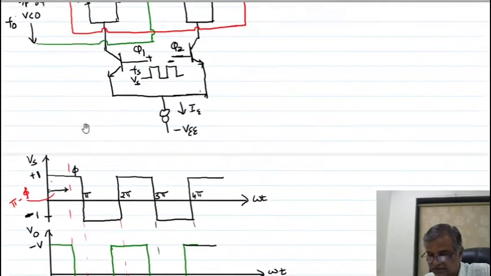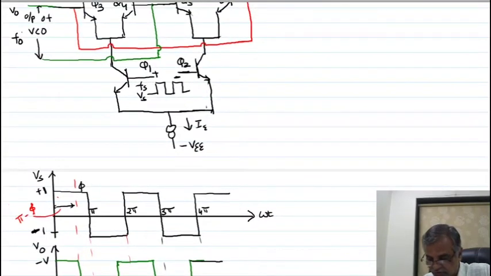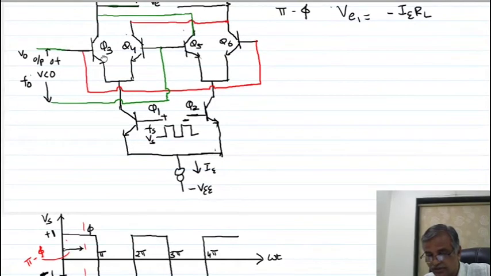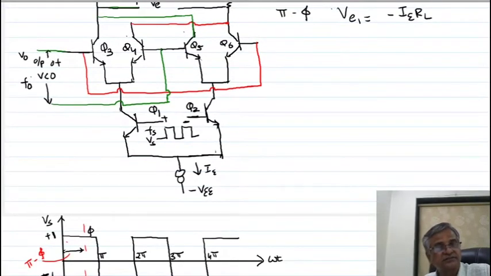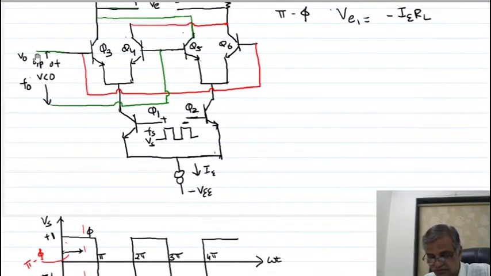You can see here, this is positive, so Q1 will conduct, and Q3 does not conduct because Vo is negative. Vo is negative during the phi time interval. As a result, Q3 does not conduct.